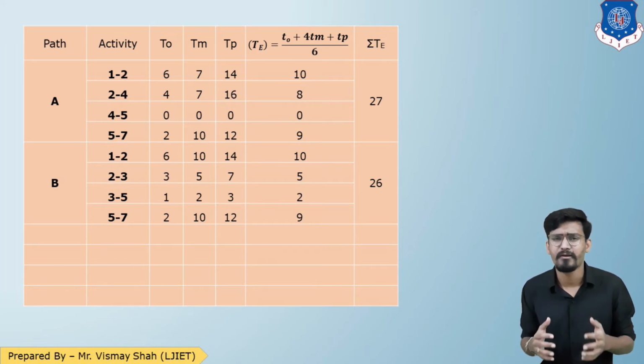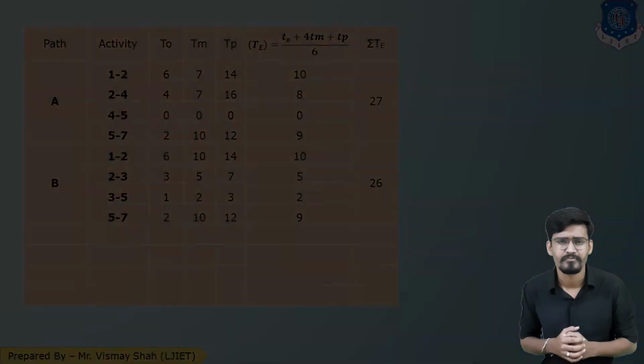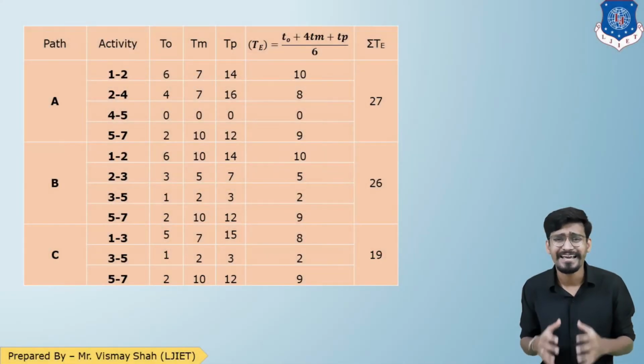Now let us see path C. Path C consists of 3 activities: 1-3, 3-5, 5-7. Looking at the TO, TM, TP data of them, the total expected time for path C will be 19.